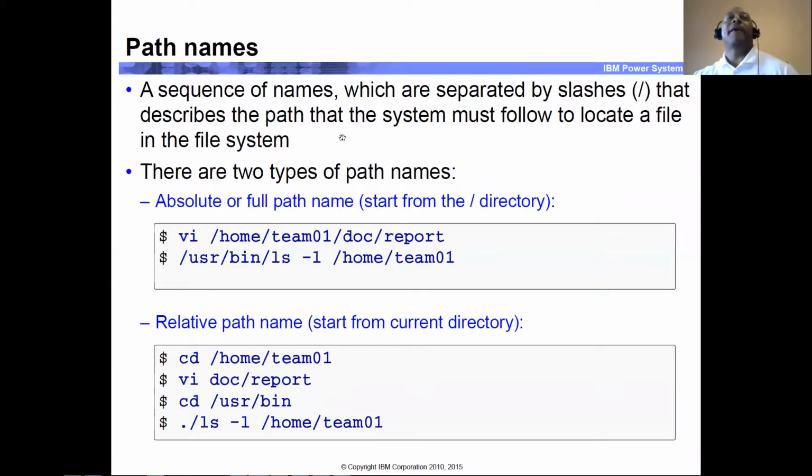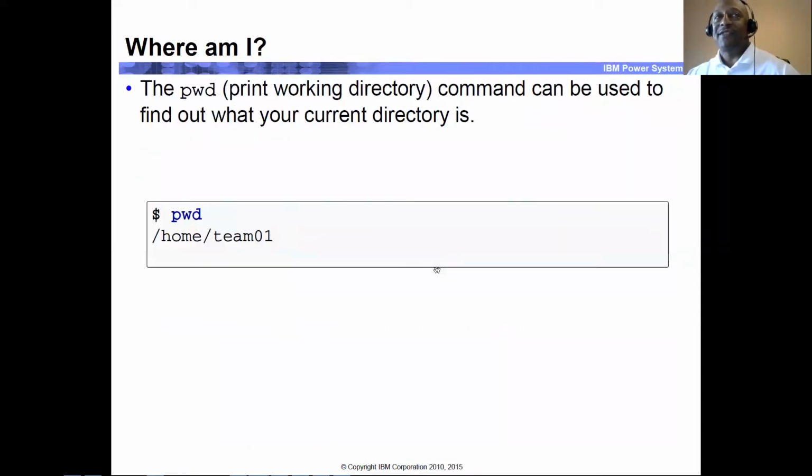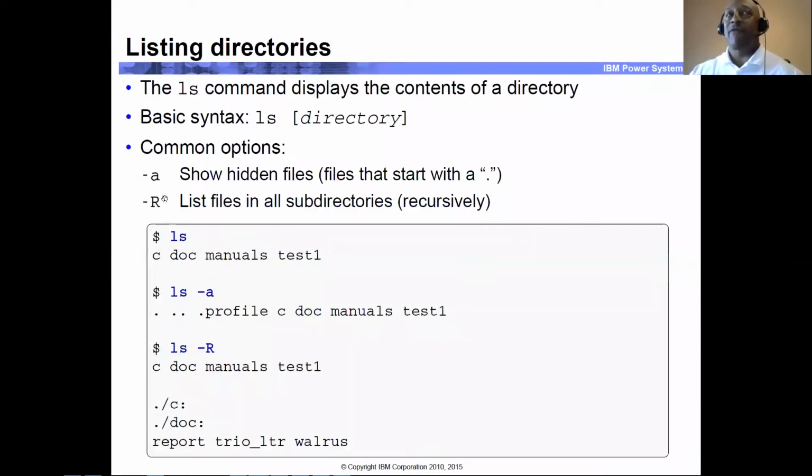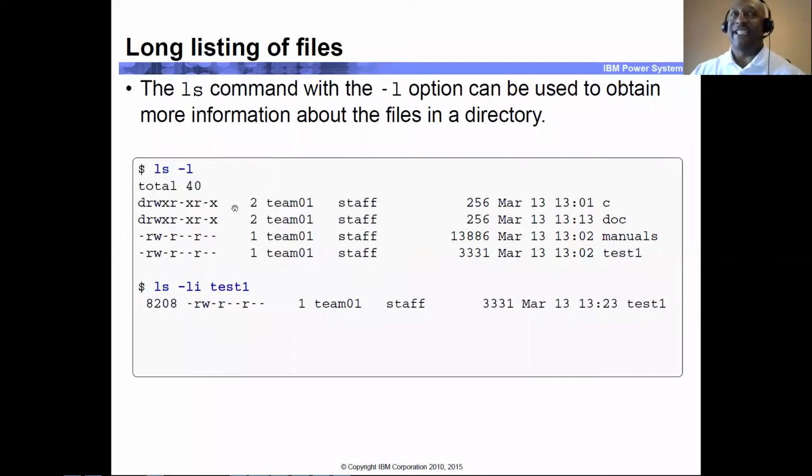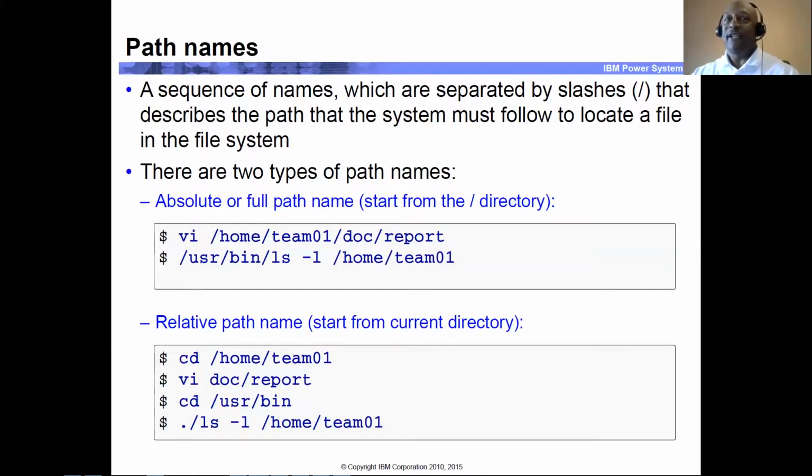Resume the share. All right, so here, relative path name says start from the current directory. And we'll see in a few moments the current directory is always represented by a dot. Okay, we'll get to that later. So change directory to the current directory, /home/team01, and then vi the file name under DOC, which is report.